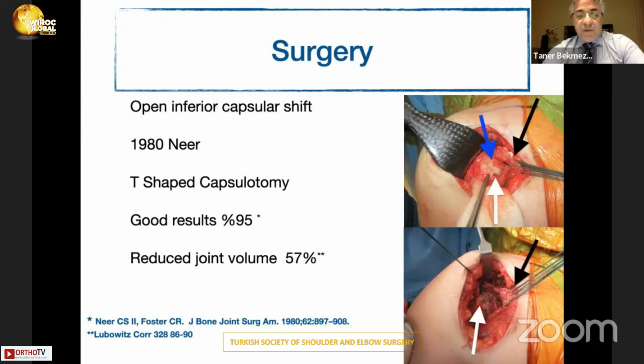Neer and Foster reported only one unsatisfactory outcome in their series. Also, in a study performed by James Dubowitz, inferior capsular shift reduced joint volume approximately 57% in the cadaveric study.